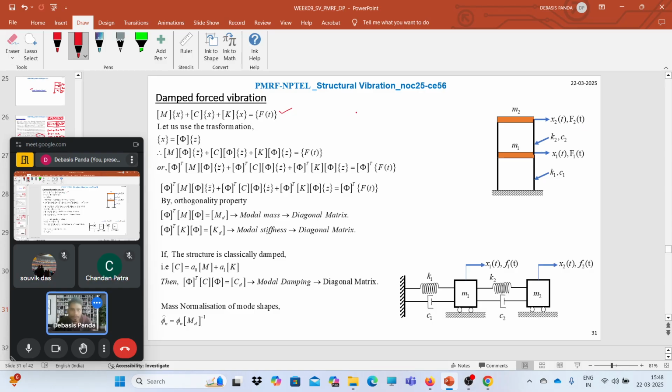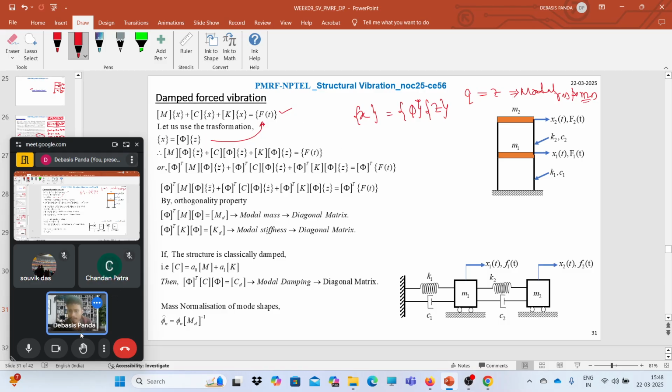So now we know that x, the physical response, is nothing but the modal matrix phi into the generalized coordinates q or z. Q or z, both are the modal responses or the generalized coordinates. Okay, so now use this transformation, replace all this part in this equation.